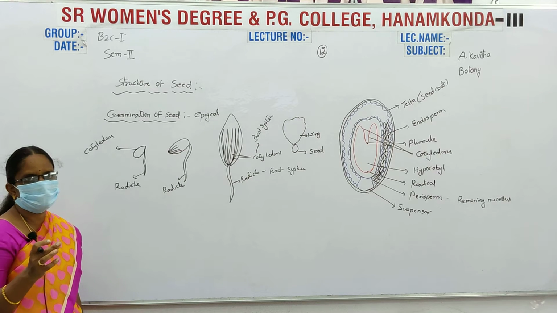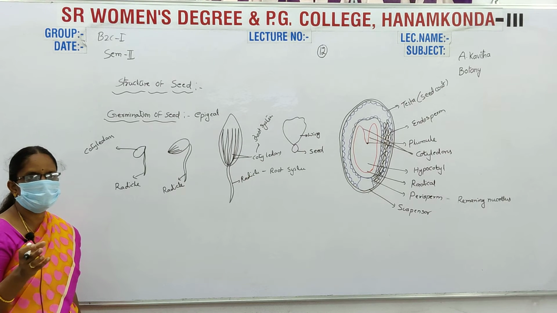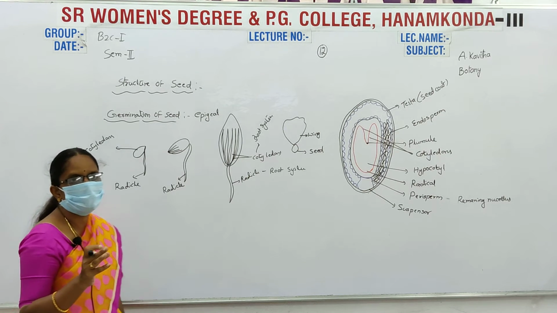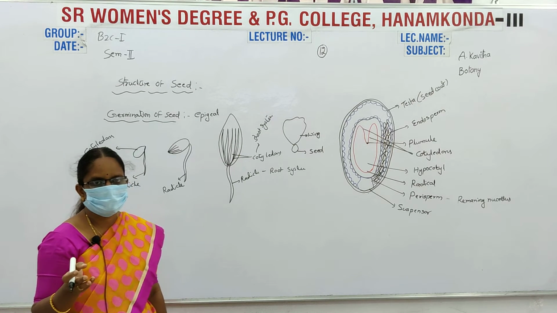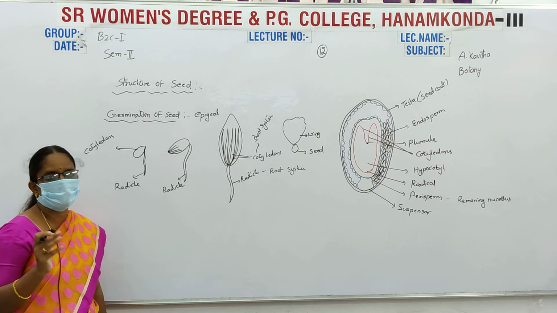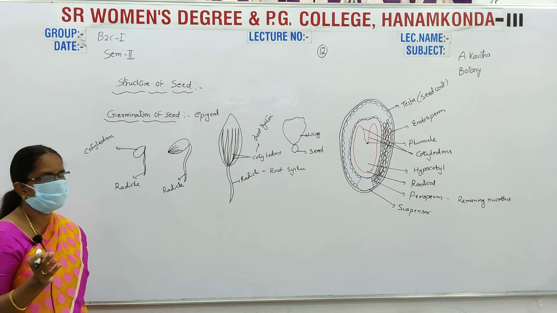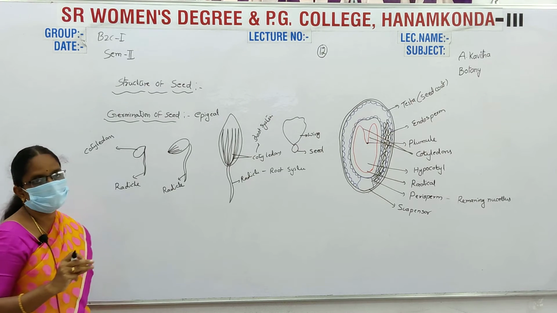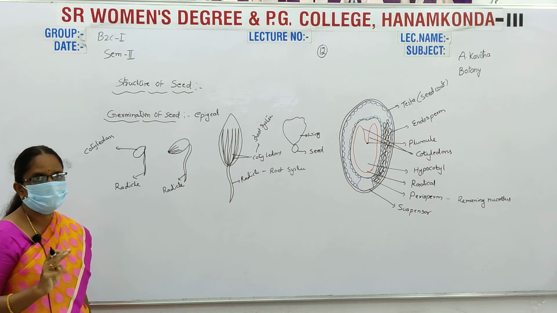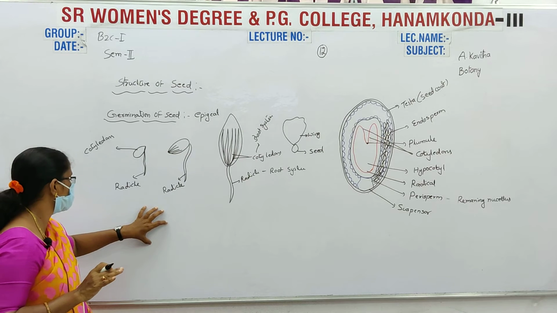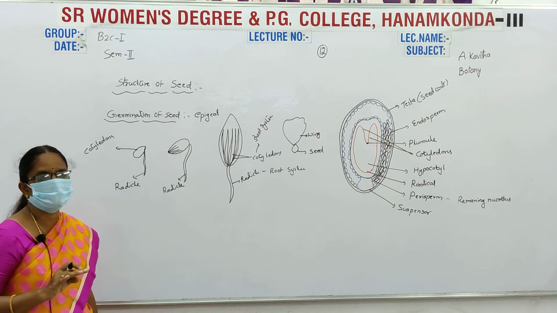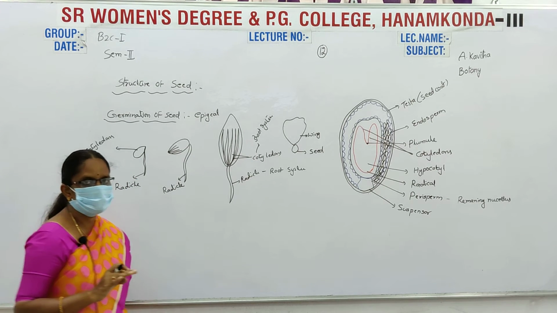After that, the shoot system develops long shoots and short shoots, or long branches and short branches, and leaves are also developed. This is the germination of seed, epigeal germination. Epigeal germination is present in Pinus plants.